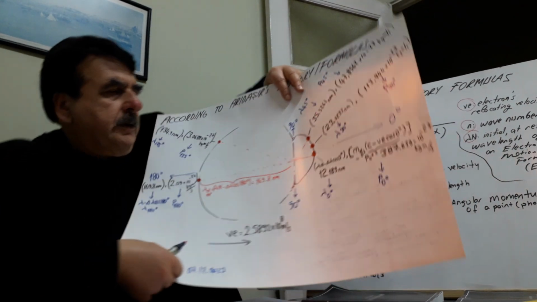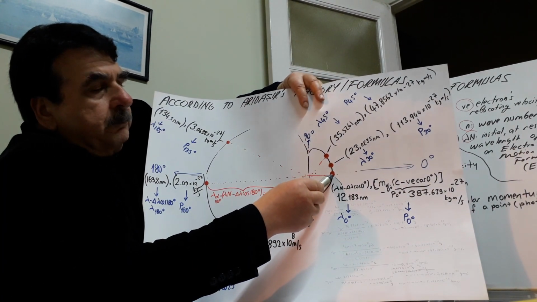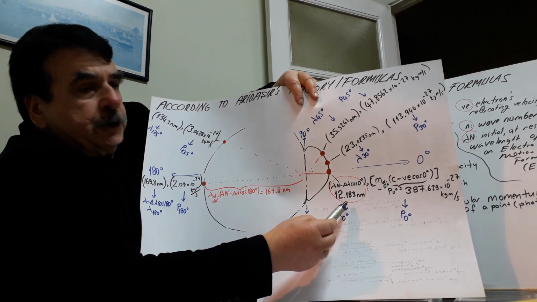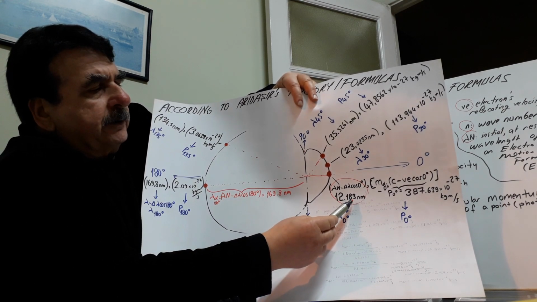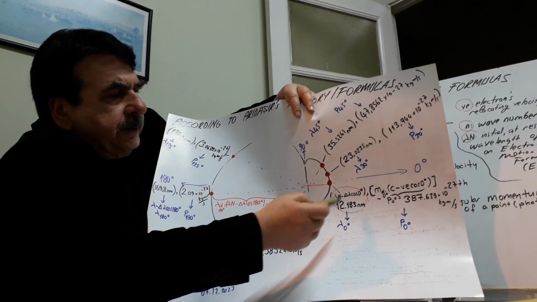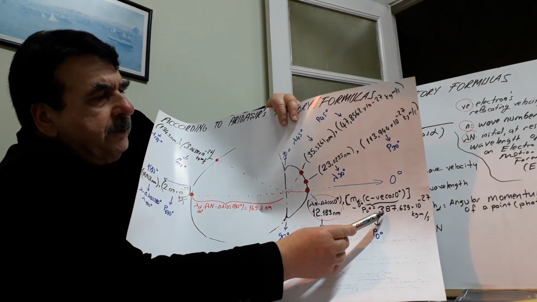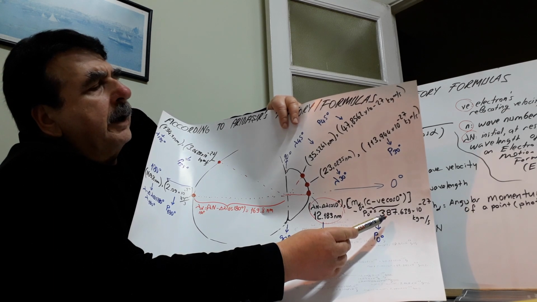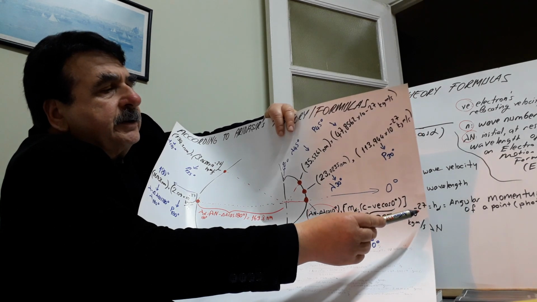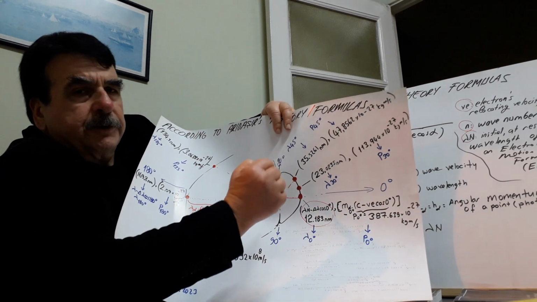In the 0 degree direction, the photon has a certain 12.183 nanometer position, and simultaneously this photon has 387.63 10 to the minus 27 kilogram per second momentum.